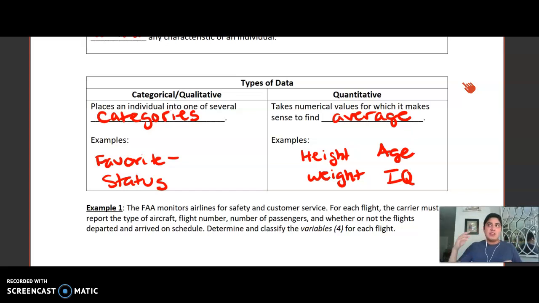My height is specific to me, your IQ is specific to you. So that's a way to distinguish our data. You just need to ask yourself, can I take the average of it, or am I counting the number of people that prefer this category? So those are some ideas there.